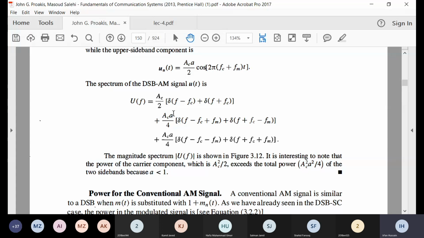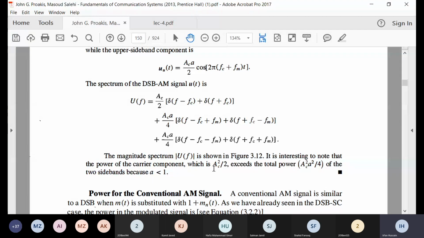This will become AC square A square over 8. And this will also become AC square A square over 8. But when you add both of them, it will come out to be AC square A square over 4. So you can just compare this power and this power.